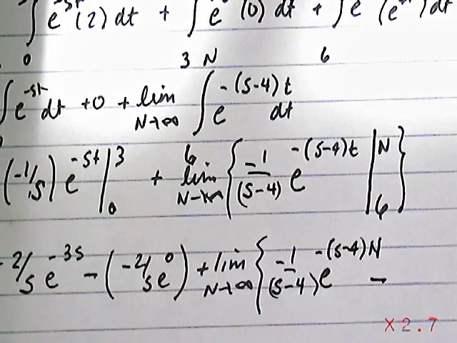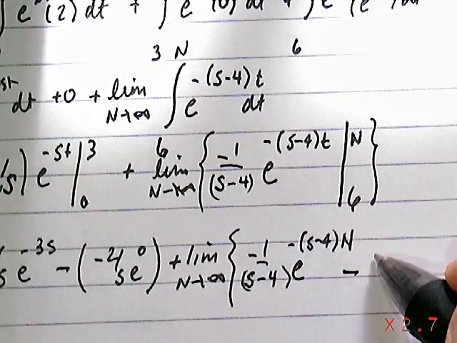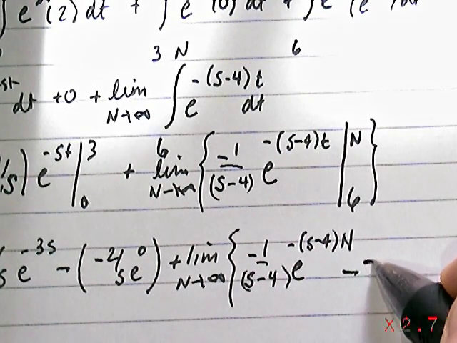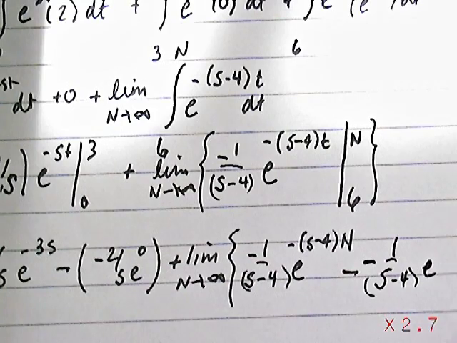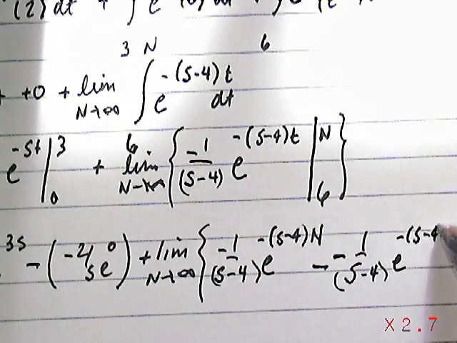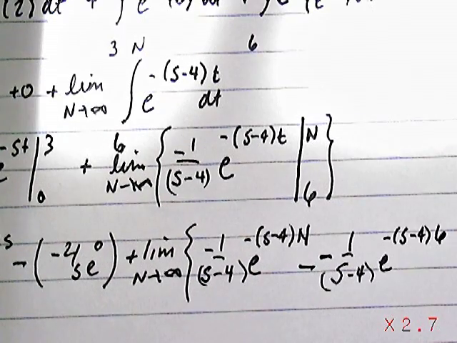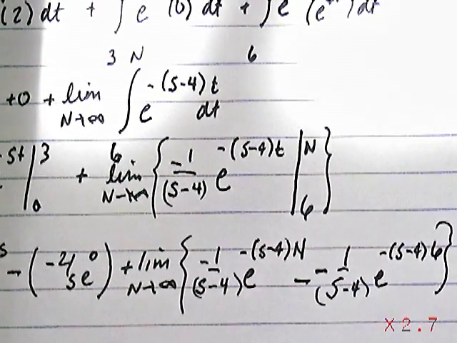Then we're going to subtract what we get when we plug in 6 into that same expression. So we're going to get a minus 1 over s minus 4 quantity e to what power? Minus s minus 4 times 6. Again, there are no 5's here. Clearly that's going to be a plus, and we'll close the bracket there.